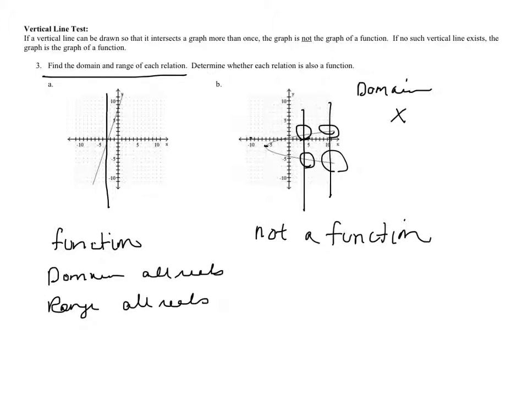So x needs to be greater than or equal to -6 for the domain. For the range, these guys could end here, but they could go on forever and ever. So let's assume that it's going on forever. This sideways parabola is going to widen, widen, widen. So for the range, it's all reals. Okay. Next slide.